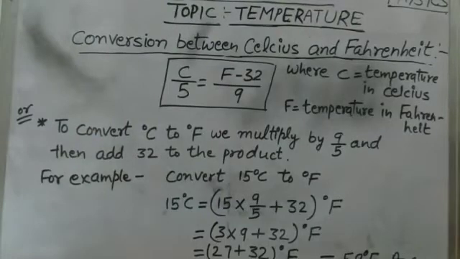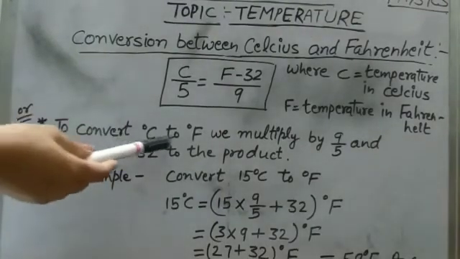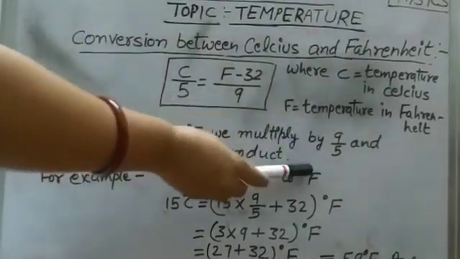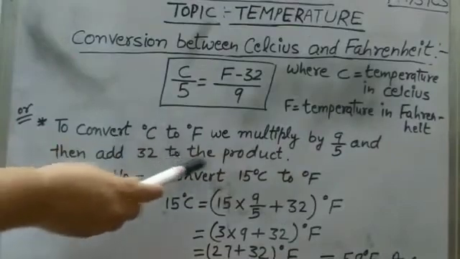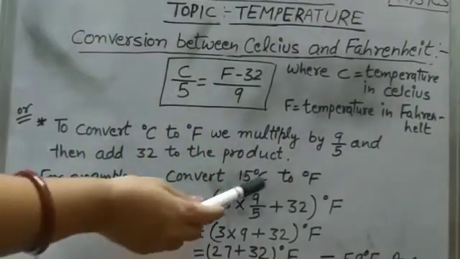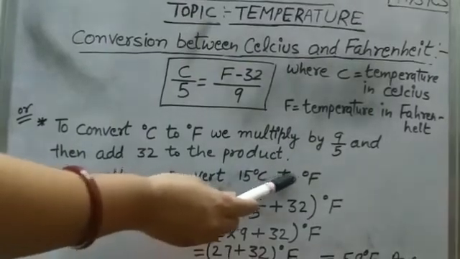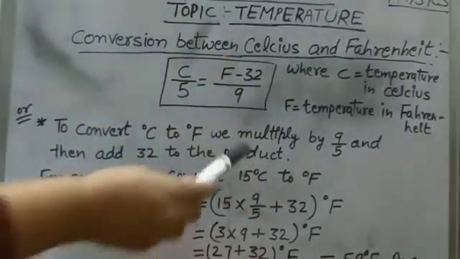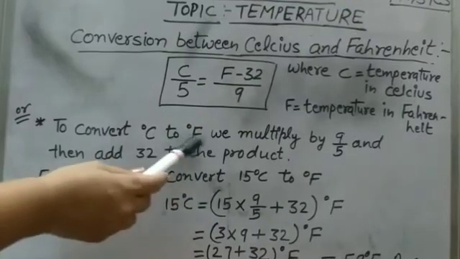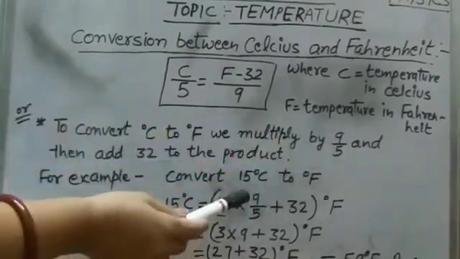Or you may learn that to convert degrees Celsius to degrees Fahrenheit, we multiply by 9 by 5 and then add 32 to the product. For example, if we have to convert 15 degrees Celsius to degrees Fahrenheit, what will we do? 15 degrees Celsius is the value. So we multiply by 9 by 5.